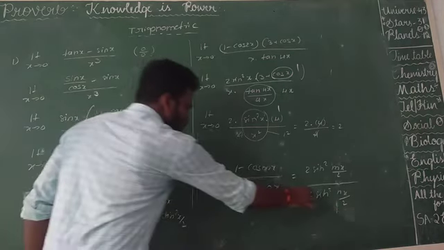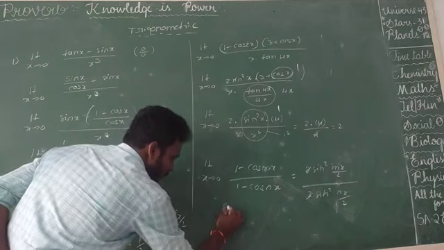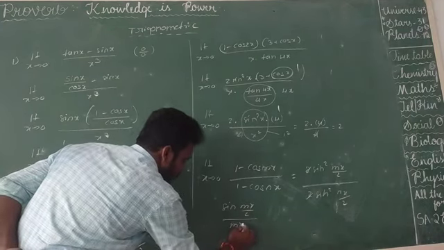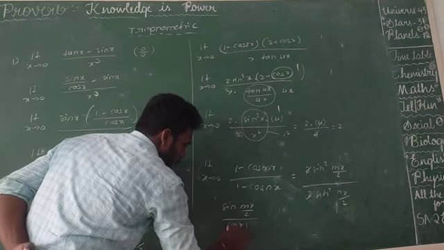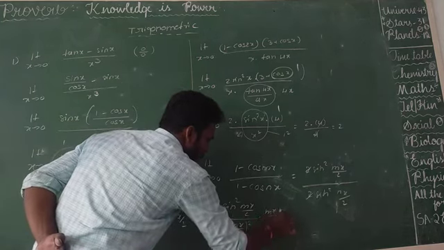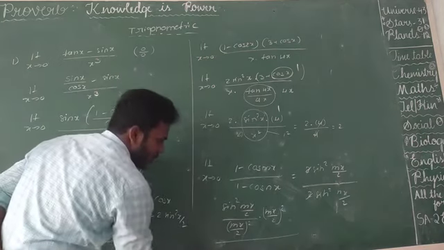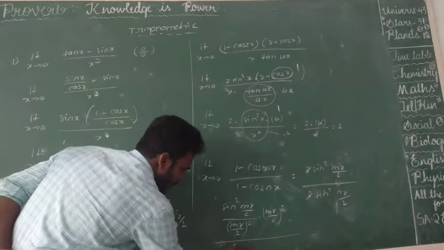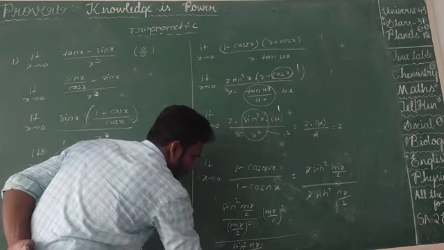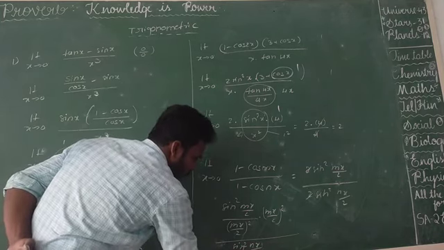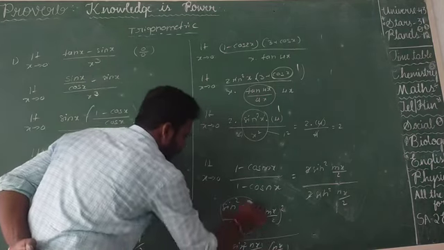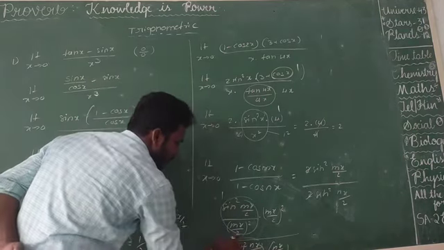It's simple, 2 will be cancelled. That is sin mx by 2 by mx by 2 whole square into mx by 2 whole square, divided by, in the same manner, sin of nx by 2 by nx by 2 whole square into nx by 2 whole square. So these limits are 1, this value's limit is 1.